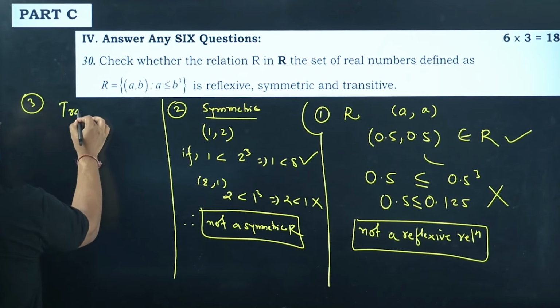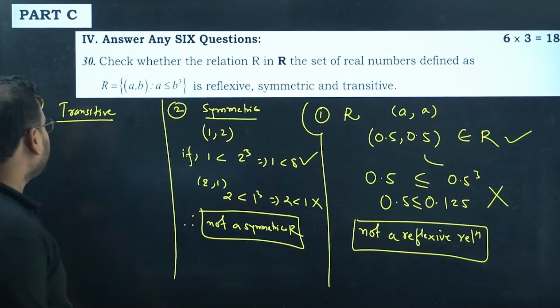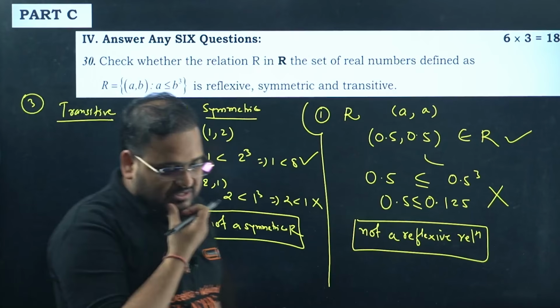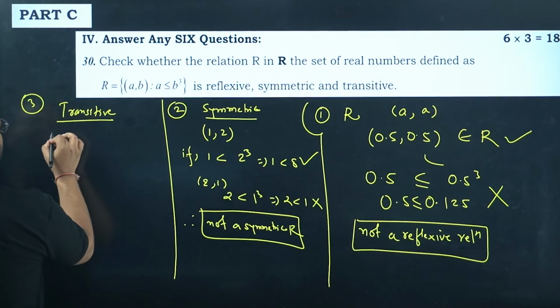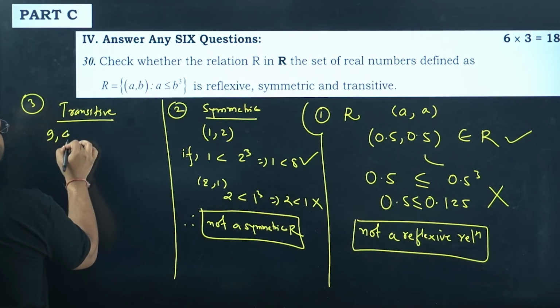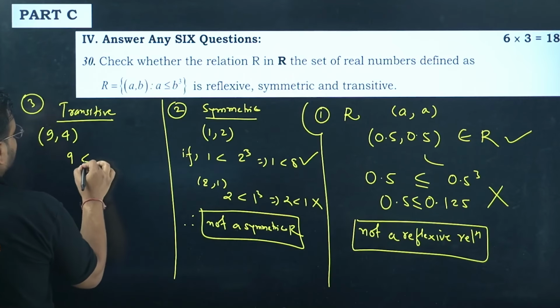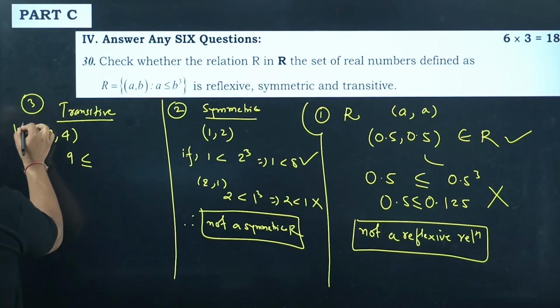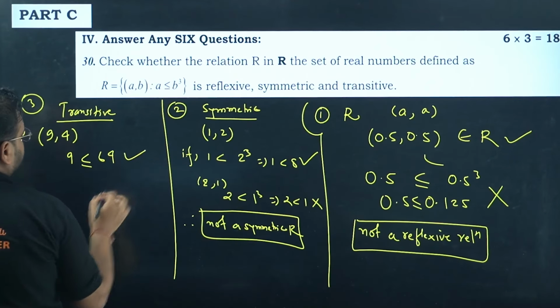Transitive. Check here for transitive. I can think of a number like this. I'll think of 9, 4. Then 9 is less than 4 cube, which is 64, correct?